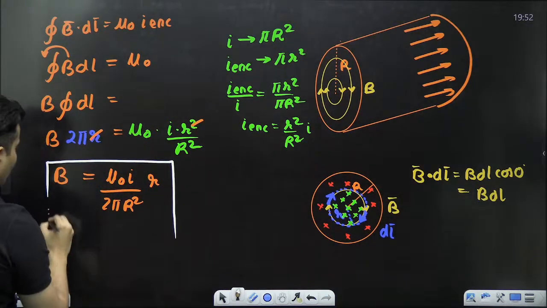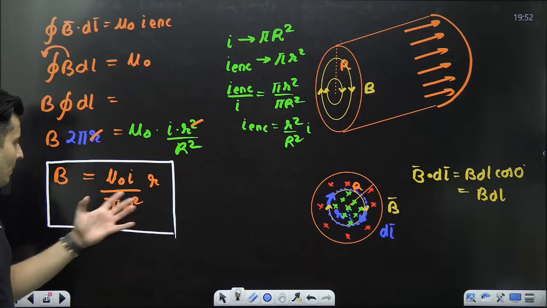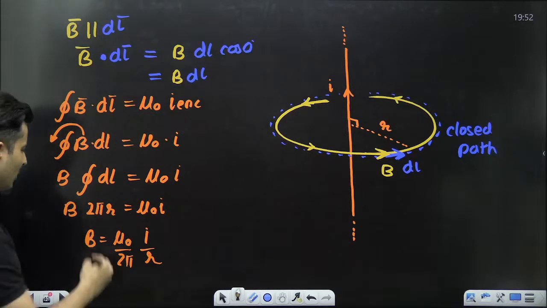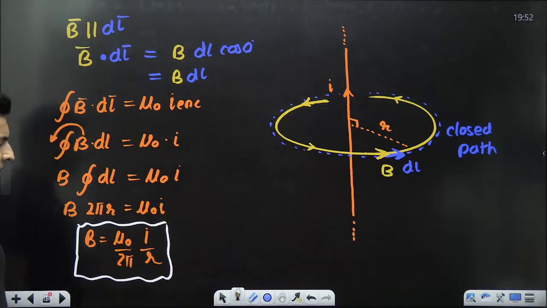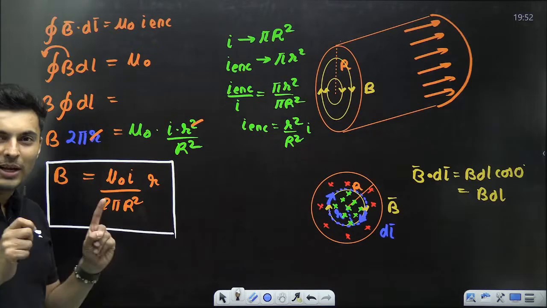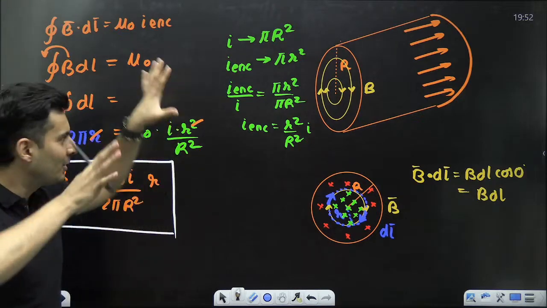You know what I should do now? I should combine this formula with this formula. This was already studied before. We can combine these two formulas into one single slide.